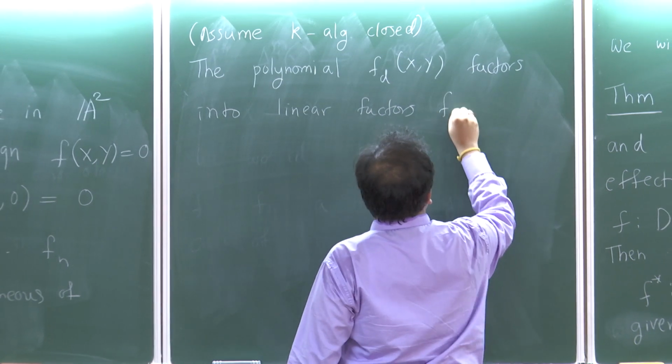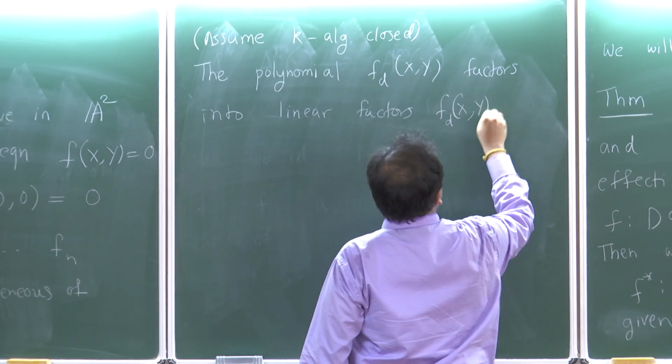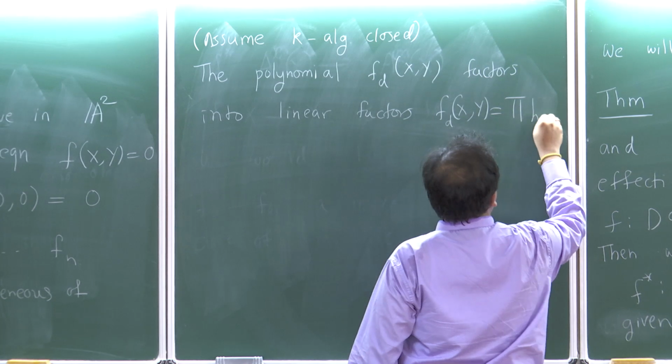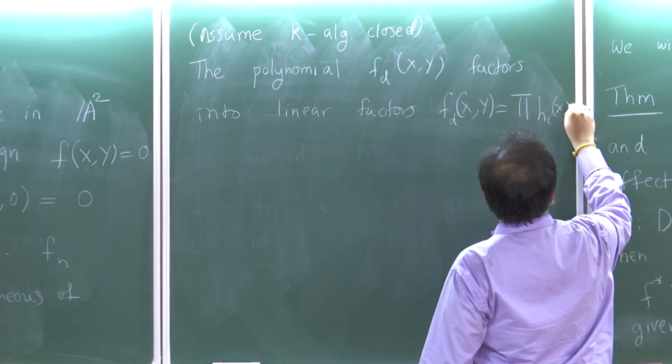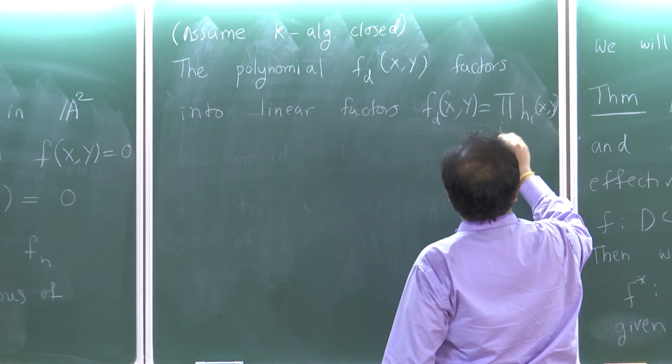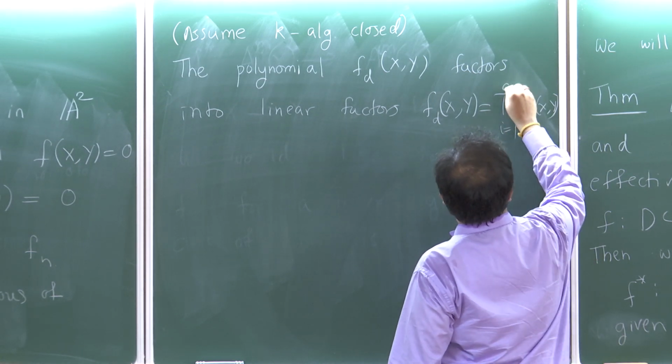So fd of xy is equal to the product of, say, some hi of xy. So maybe there are some repetitions. Let's say i equal to 1 to d.